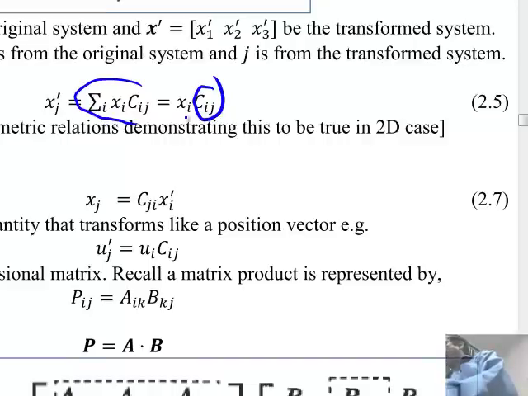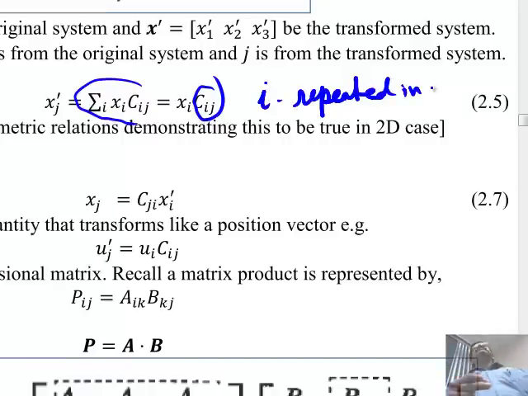Here we call i the repeated index, meaning it repeats exactly twice in the formula. If any index repeats in the formula, it implies that there is a summation over all 3 possible values. It's just a matter of convenience, and it is very annoying initially. When I introduce that, students find it very difficult.